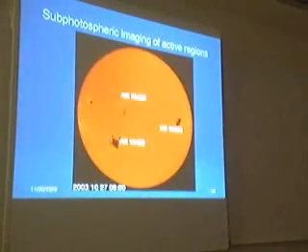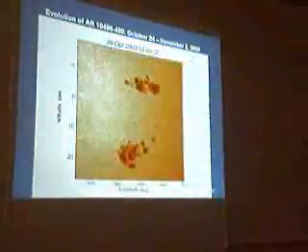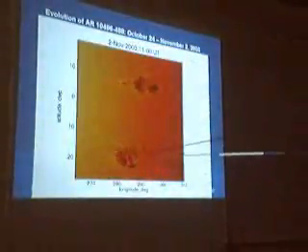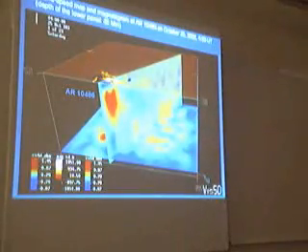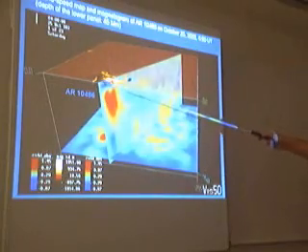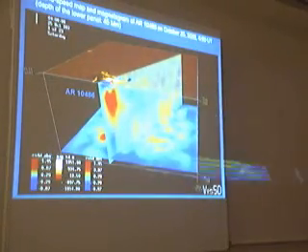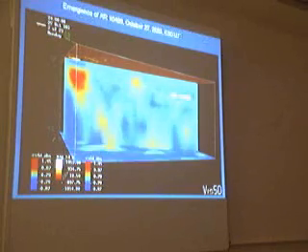And some interesting active region appeared in 2003, October, November. So that was an emerging active region, and it was another active region that gave a lot of solar flares. And here I show some images. This was the active region that was at the bottom of this movie, and I show some images of the emerging active region in the middle of this box.